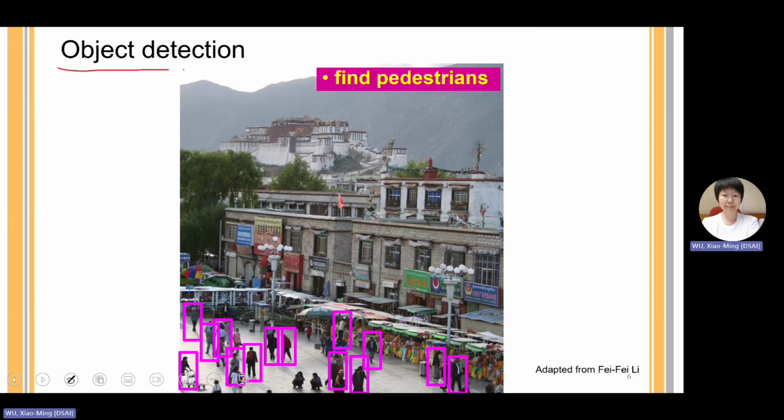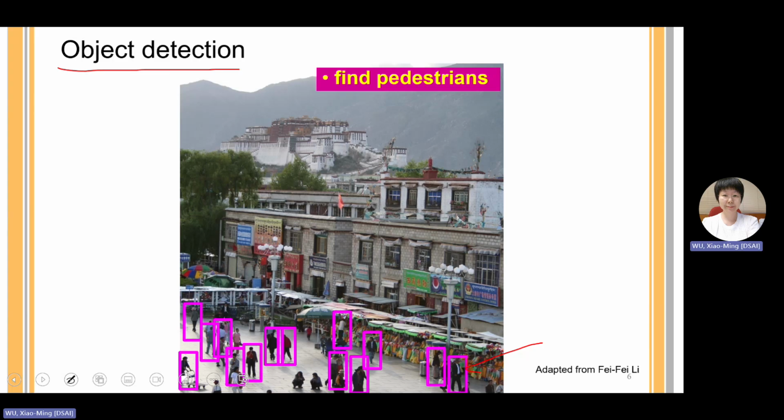Object detection includes localization. What do we mean by localization? Localization is to locate the position of the object by placing a bounding box around the object.